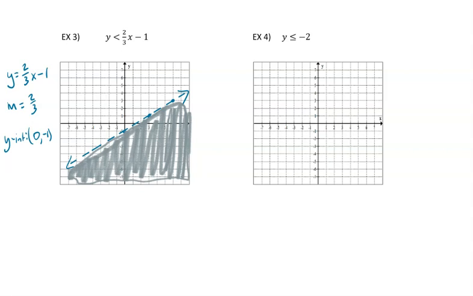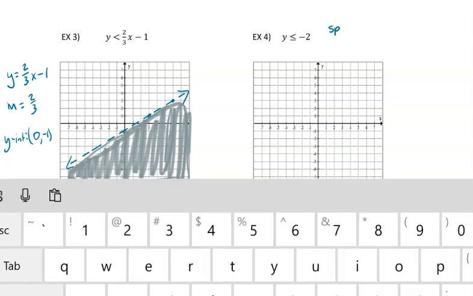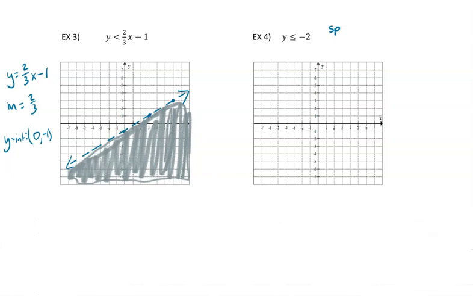y is less than or equal to negative 2. In this case, since there's no x, remember this one's one of our special lines.